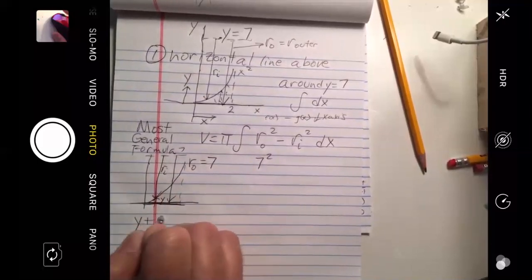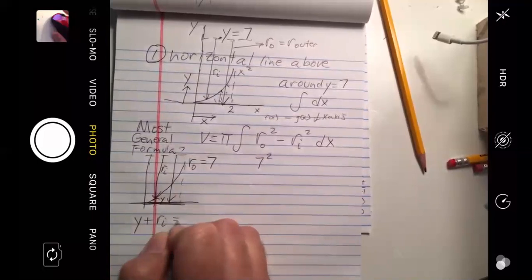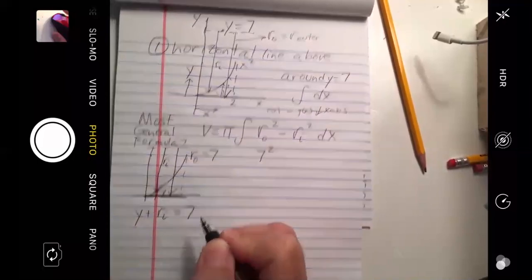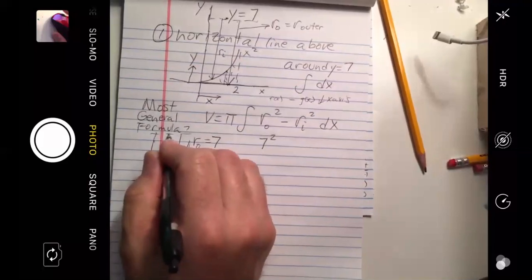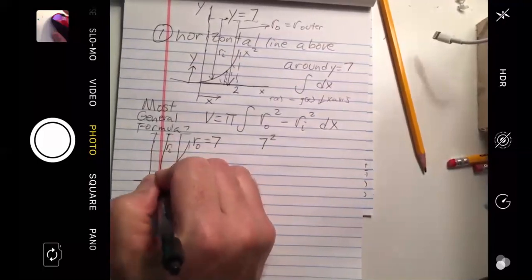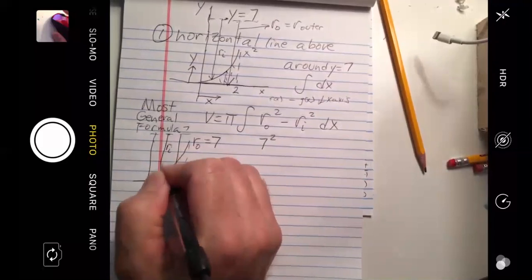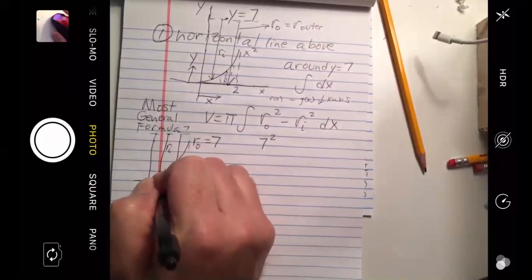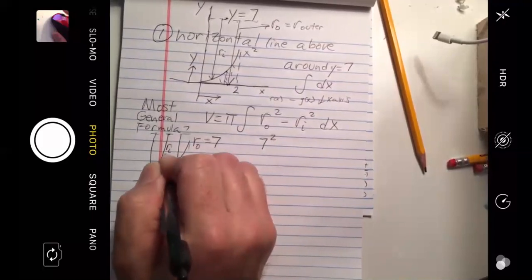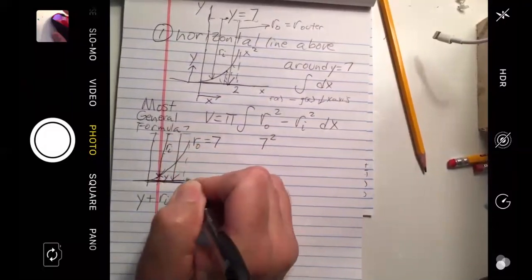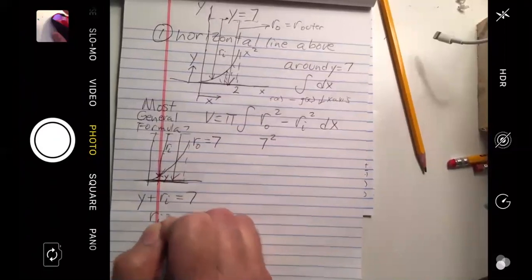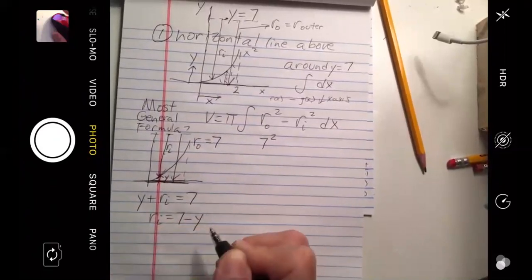Y plus that inner radius is equal to 7. I'm trying to get to just this r inner from the 7 down to here. The rest of it is called y, r inner, and both of those add to this 7. So the r inner is 7 minus y.